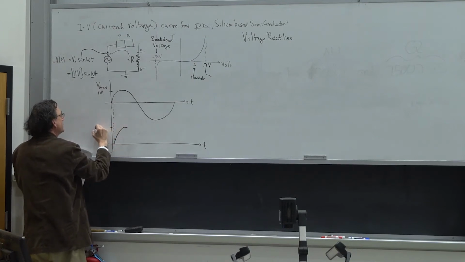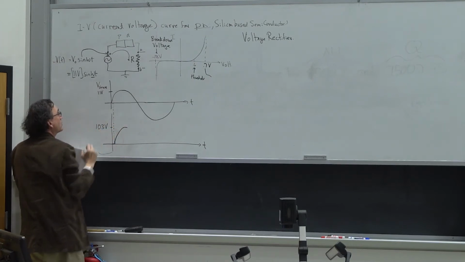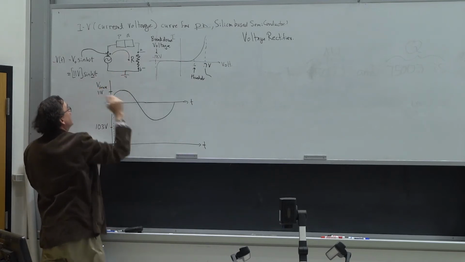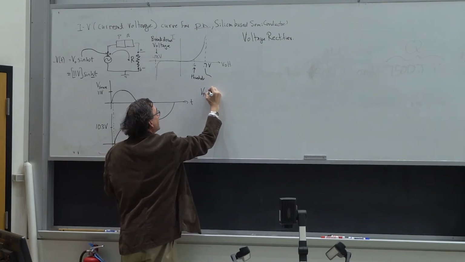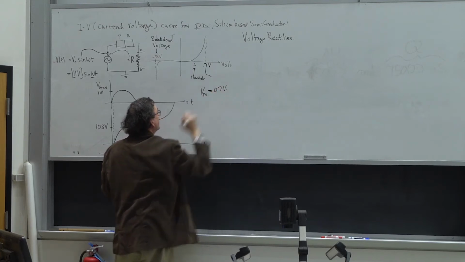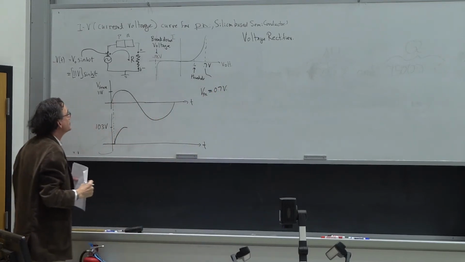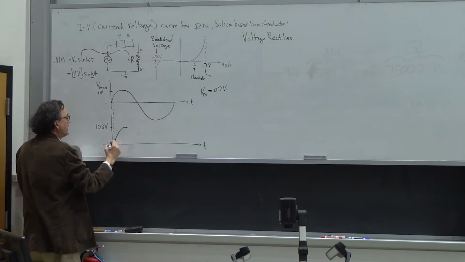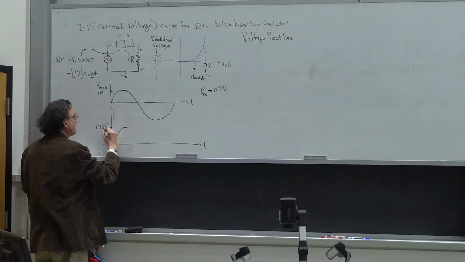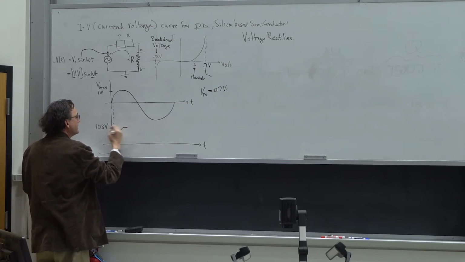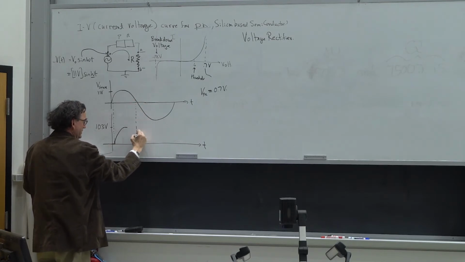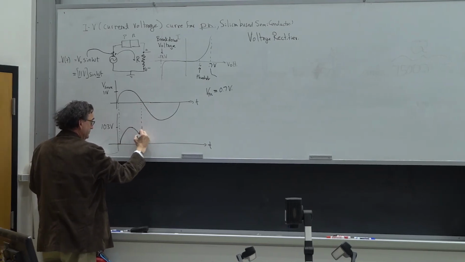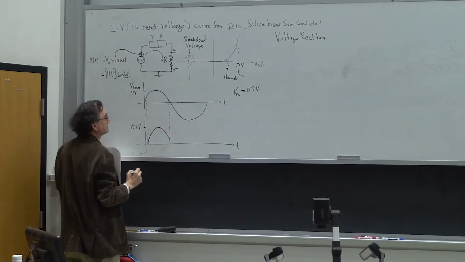So in other words, it's going to be 0.7 volts lower, because the voltage drop across the PN junction or diode is equal to 0.7 volts when it's conducting. So that voltage is going to go up to this amount, and then it's going to come back down, but as soon as it gets down to 0.7 volts on the downside, it stops conducting. So it does this. Okay?